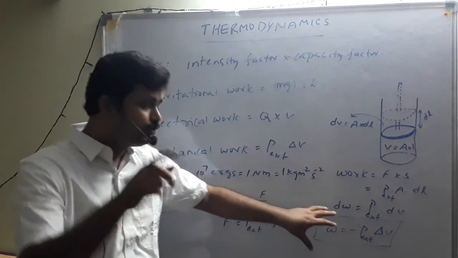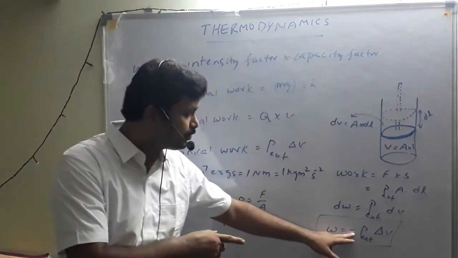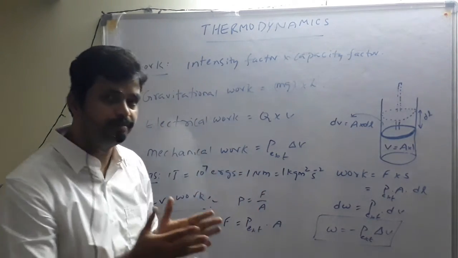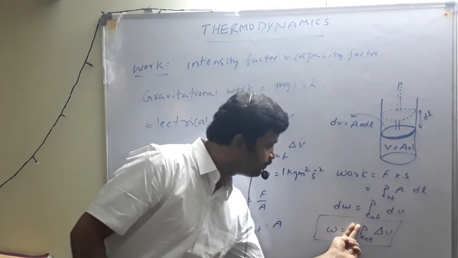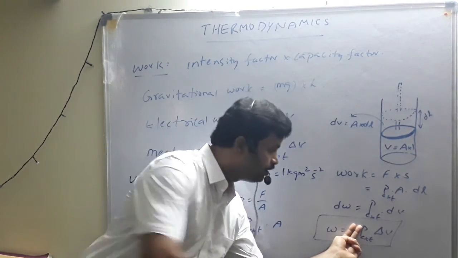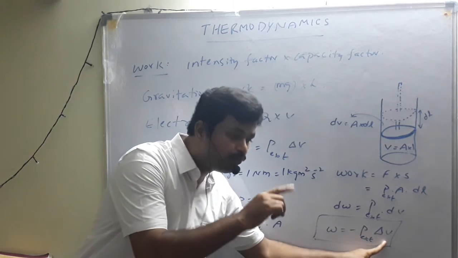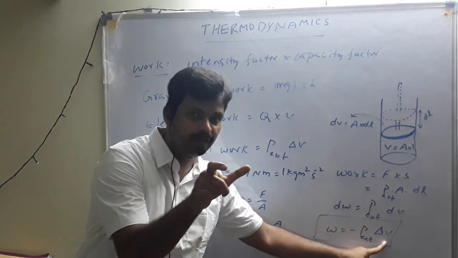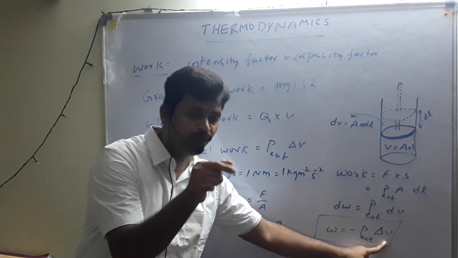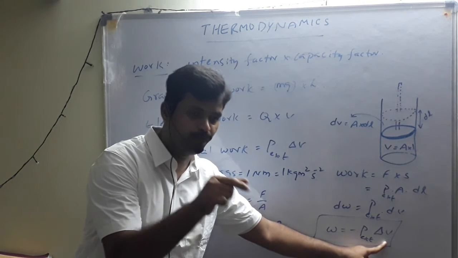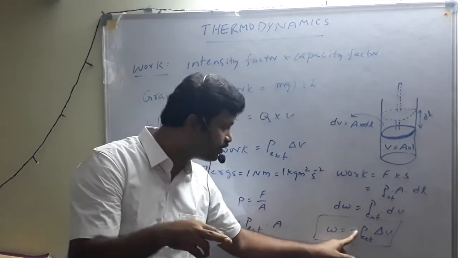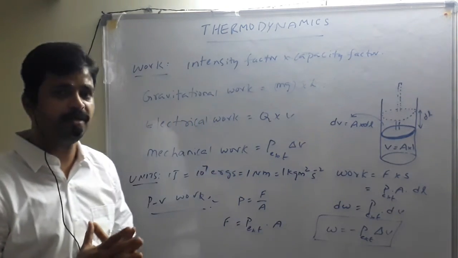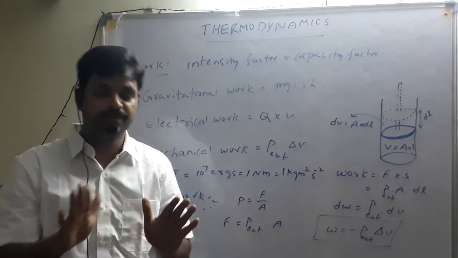But actually, as you see this one as a negative term, I see this one as a positive term. Why? Because if there is no negative over here, then this delta V, V2 minus V1, V2 being the smaller value and V1 the larger value, is negative. Negative into negative is positive, right? So work is always a positive term only.